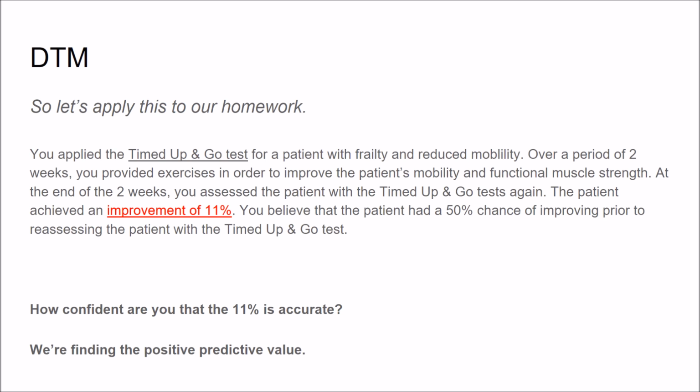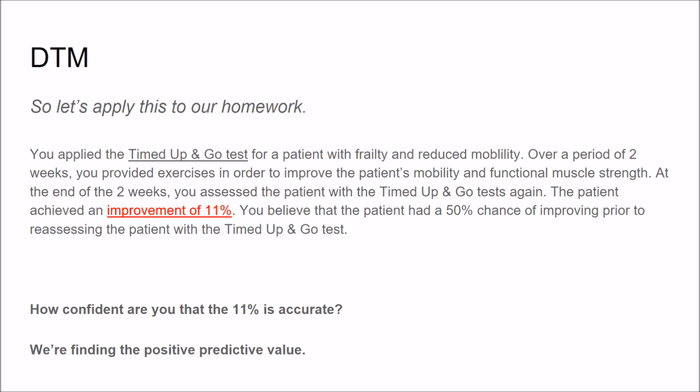At the end of the 2 weeks, you then reassess the patient again using the same outcome measure. What you found is that the patient has achieved an improvement of 11%. Now, what I wanted you to find out was how confident can you be that the 11% improvement is actually accurate or real improvement.